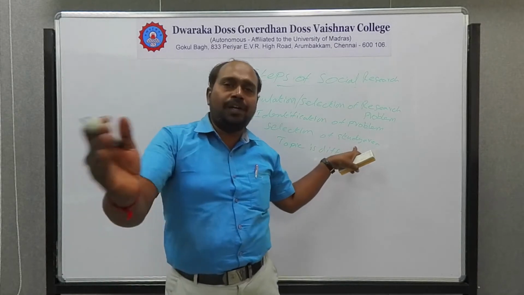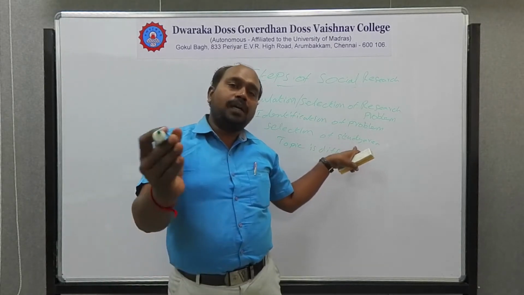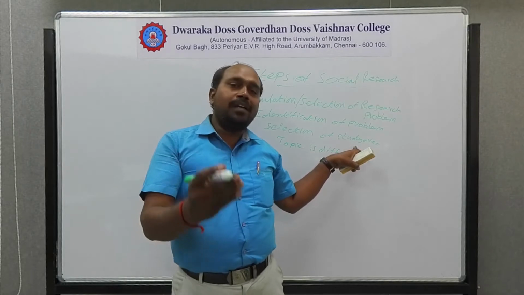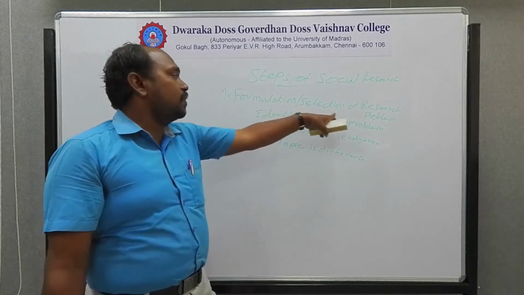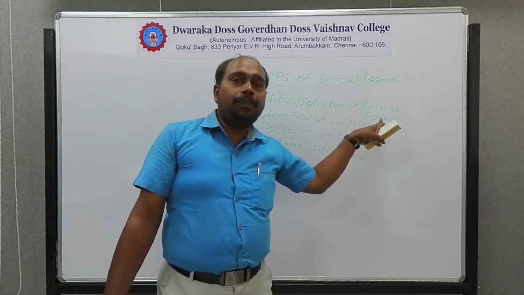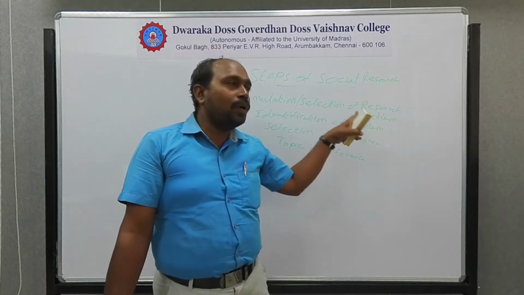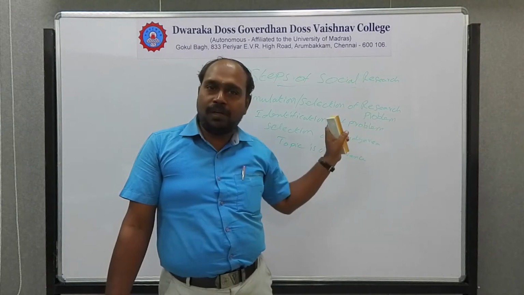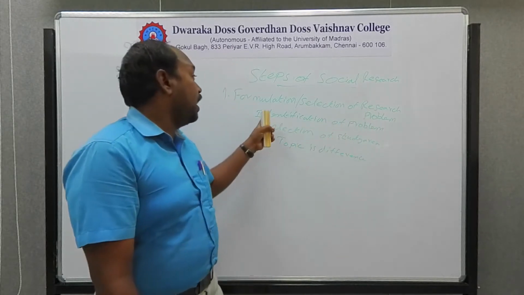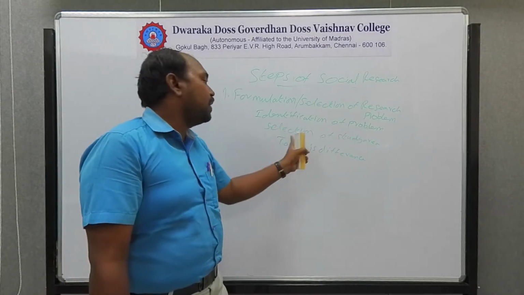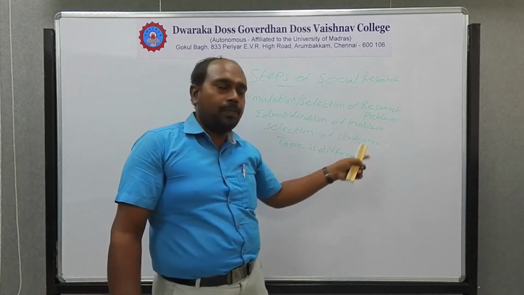Whether unemployment in Chennai or unemployment in Madurai or in New Delhi, what is the study area you are going to select? So, selection of research problem should be clear: where you are going to study, what problem you are going to study. So, the first step of the social research is identification of problem and selection of study area.